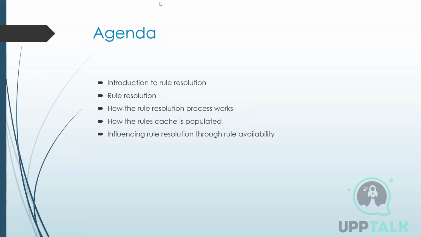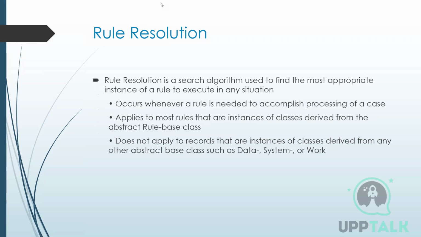It's not just randomly picking anything. No, there's an entire algorithm that runs in the backend. Right? So this algorithm of identifying the most appropriate rule for any given instance or for any given situation is called rule resolution. Okay?